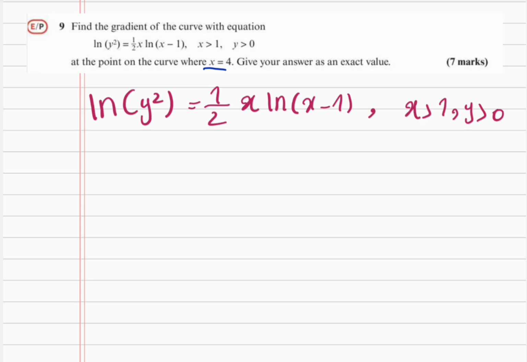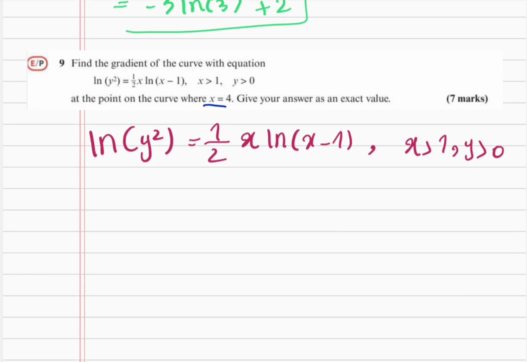It's an implicit differentiation because it's written implicitly, and we have ln y squared is equal to half x ln x minus 1. If we want to differentiate ln of any function, we basically use this.